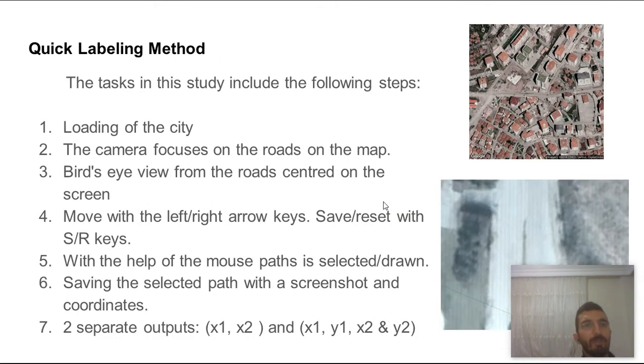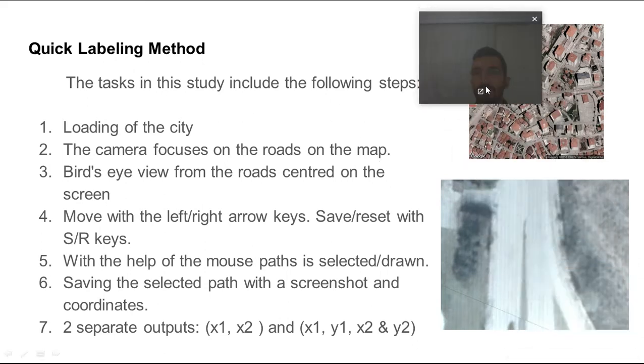Quick labeling method. The tasks in this study include the following steps. Loading of the city. For example, this first figure is a Google satellite imaging example. The camera focuses on the roads on the map. The second figure is an example.